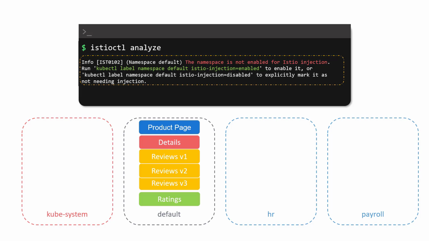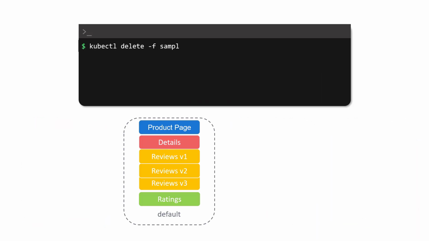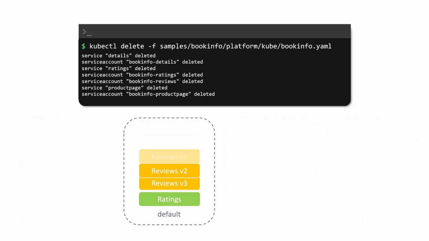Similarly, if you'd like to explicitly disable Istio injection, then you must set this label to disabled using the same command. We will now delete what we deployed so we can set the label and deploy it again.